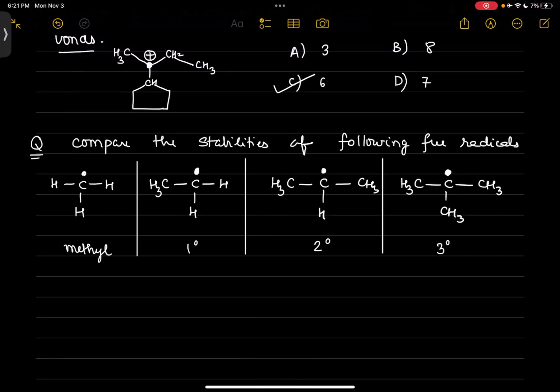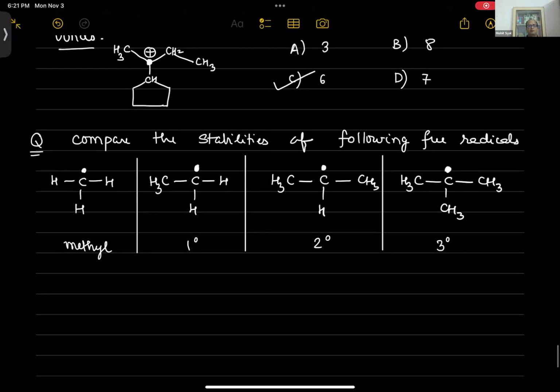So these are electron deficient species, and the presence of methyl groups, how is it going to affect them, more stabilization or less stabilization? Yeah, because it is electron deficient, it is going to cause more stabilization.